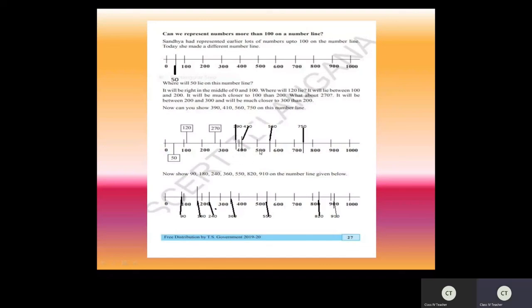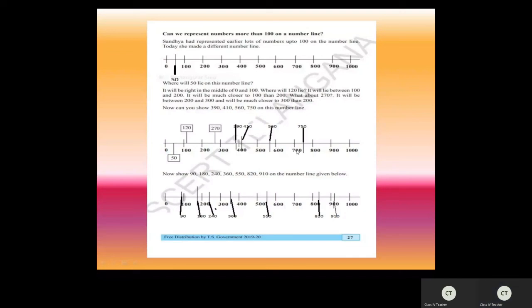The next one is 560. So 560 lies in between 500 and 600. Yes, and the nearest will be 600 because the distance from 560 to 600 is less. The next one, 750. 750 lies in between 700 and 800. Yes, and the nearest will be 700.